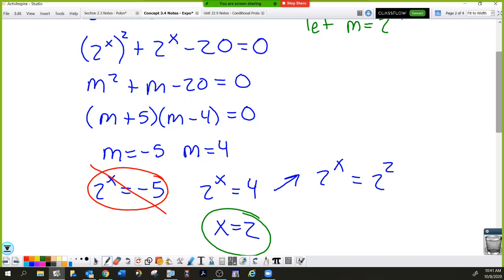The method mark would come from the attempt to solve. Student used a viable method to attempt to solve, and the viable method would have either been the quadratic formula or factoring. So the moment you got down to any type of factored thing, you would have earned a method mark. Even though you reassigned the variable, it doesn't matter. Student tried to factor. So that's where the method mark would come from.